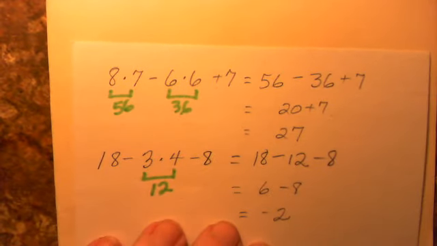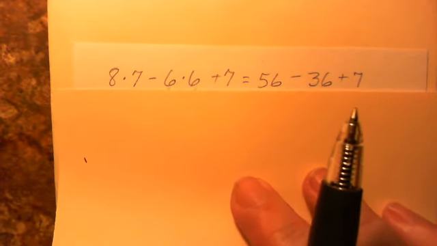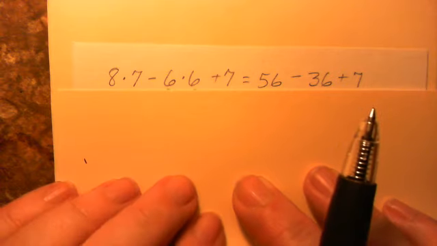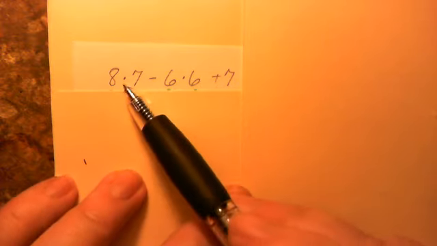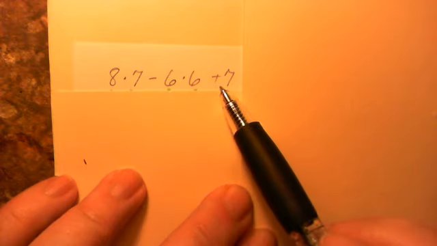So let's look at some examples. If we're to simplify this expression, it has all numbers, so we know that we should have a result of just numbers. We look at the operations: multiply, subtract, multiply, add.